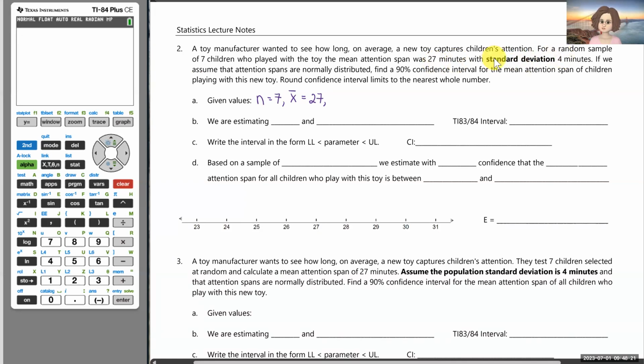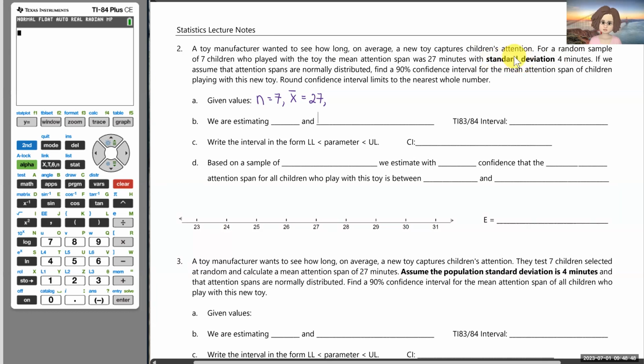All right, so here's where we have to be careful and always ask ourselves if the standard deviation given is for the entire population of children, or is it for the sample of children? And by reading the sentence, it is hopefully clear that it says it's for the sample of 7 children. This was the mean with this standard deviation.